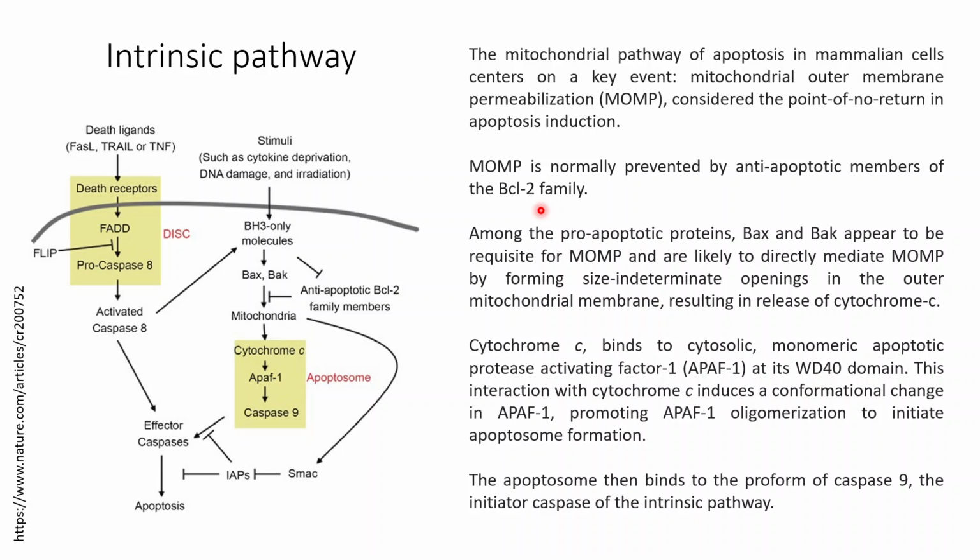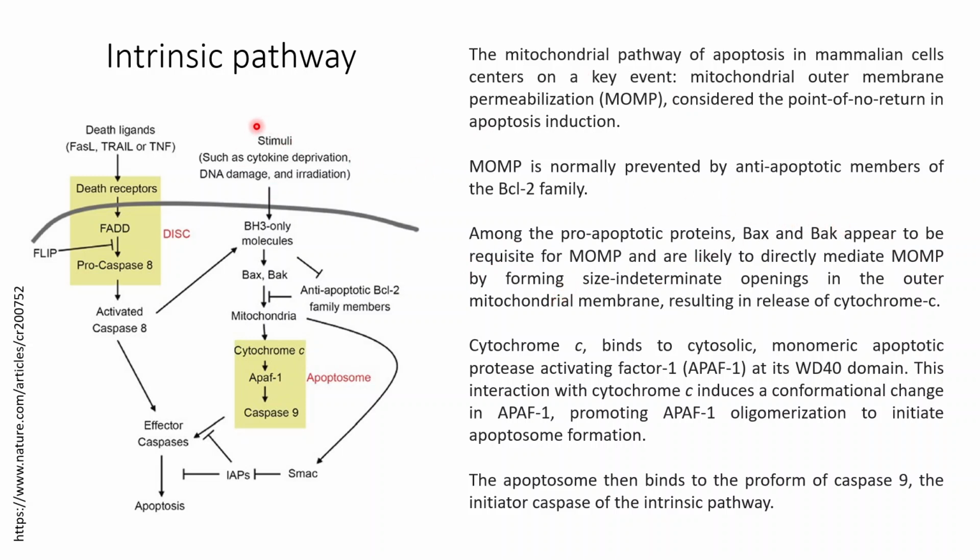Anti-apoptotic members include BCL2, BCL-XL, BCL-W, and so on, and these proteins all have four BH domains and a transmembrane domain. Pro-apoptotic members include BAX, BAK, and BOK. They have one less BH domain, and they are important for inducing mitochondrial outer membrane permeabilization.